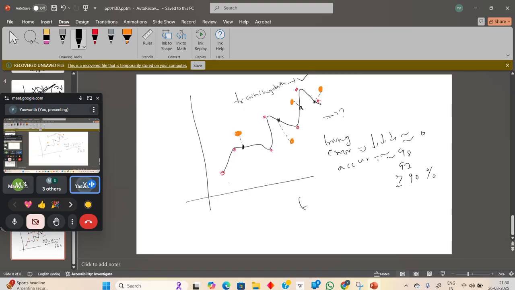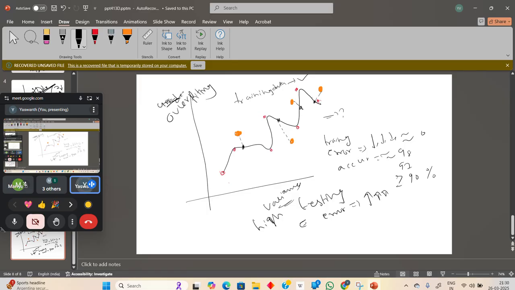Now we have the testing error, and it is high. That is called high variance. What is this concept? Overfitting.